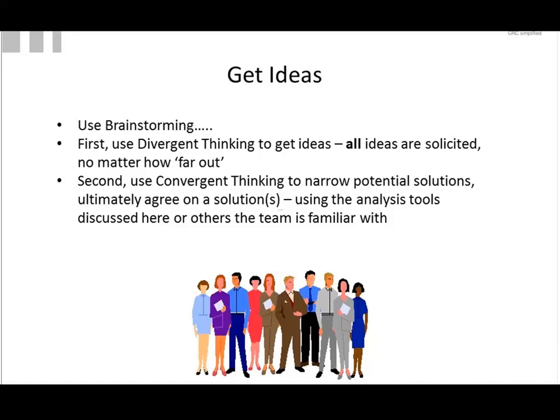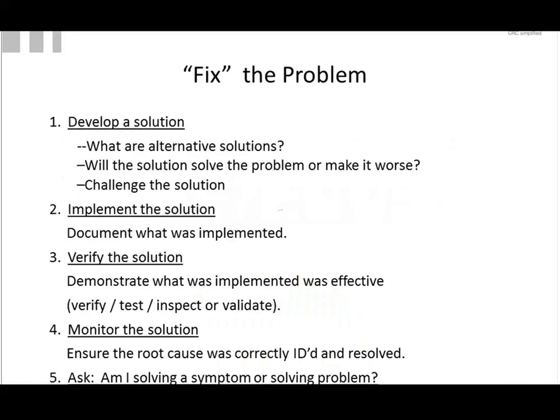And then, of course, narrow it down with convergent thinking, now working towards a solution. So now you've got all the ideas out here. You start winnowing those ideas to the most logical, and now you're starting to pull them together, and now you're using additional tools to try to verify which of those ideas are the legitimate root cause.